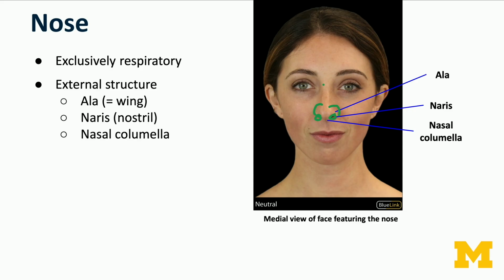These are coming down from the bridge of the nose. And at the very bottom of the nose, the inferior surface between the ala, is a little bit of skin called the nasal columella. And that nasal columella is going to be in line with the nasal septum, which divides the nasal cavity, as we'll see.